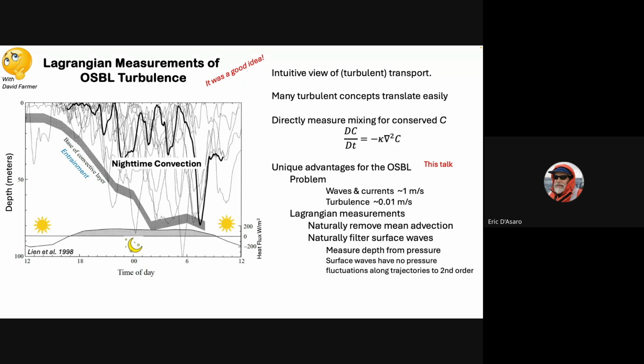And then there's a couple of really important things. This is the equation for a conserved quantity, like temperature or, what else, concentration of salt or other things. The Lagrangian equation for a conserved quantity, that's all there is. The Lagrangian rate of change of something is equal to the molecular diffusivity term.